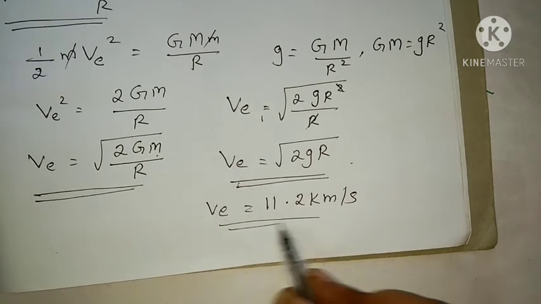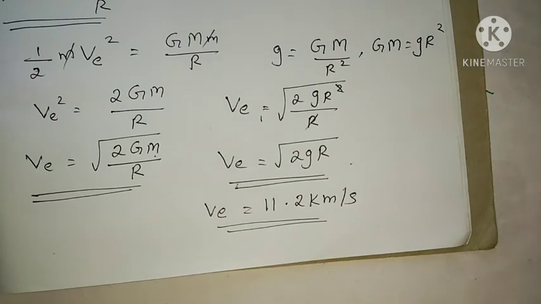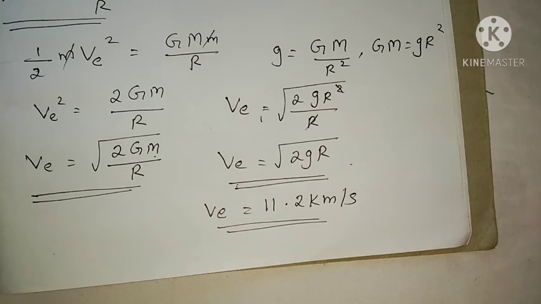So this is the escape velocity of the earth. Likewise, for the heavenly bodies, the escape velocity is different. For the moon 2.3 kilometer per second, for Mercury 4.28 kilometer per second, and so on. In this way escape velocity is different for different heavenly bodies.